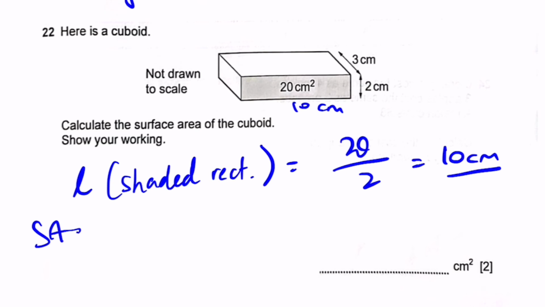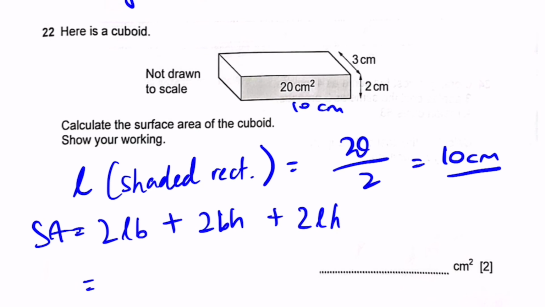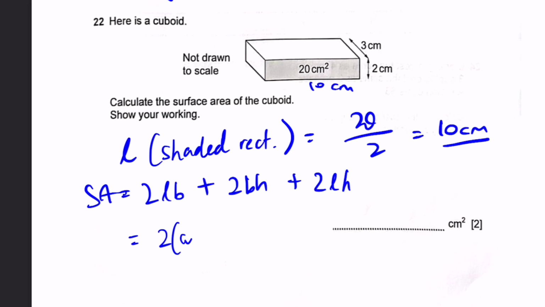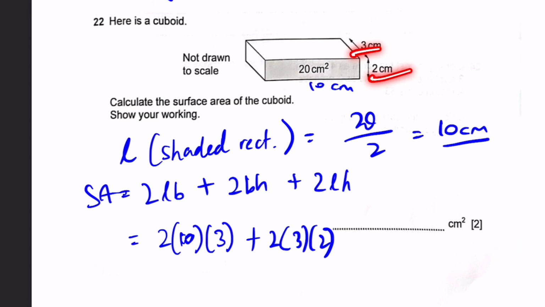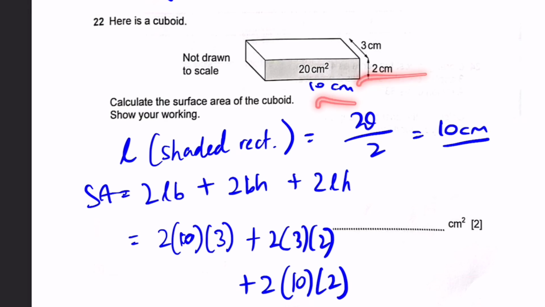Now the surface area will be 2 into length into breadth plus 2 into breadth into height plus 2 into length into height. That will be equal to 2 into 10 into 3, because the length is 10, width is 3, or breadth, and then plus 2 into 3 into 2, because the height is 2 and breadth is 3, plus 2 into 10 into 2, because the length is 10 and height is 2.